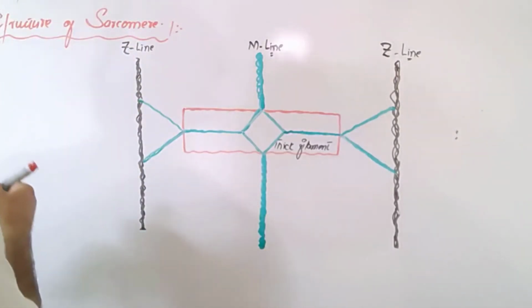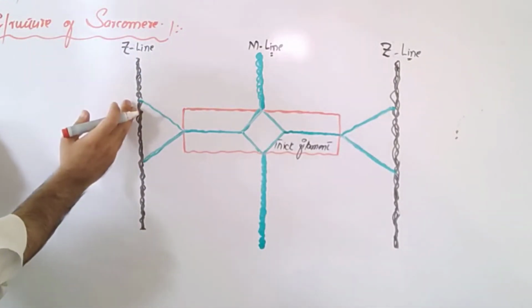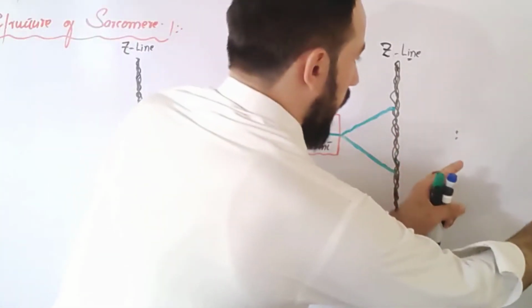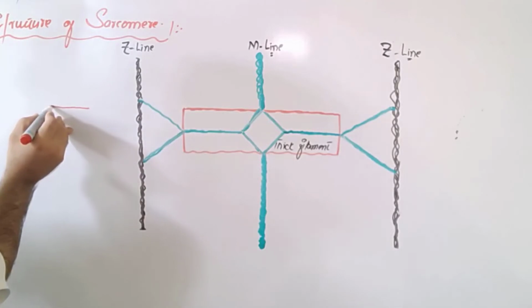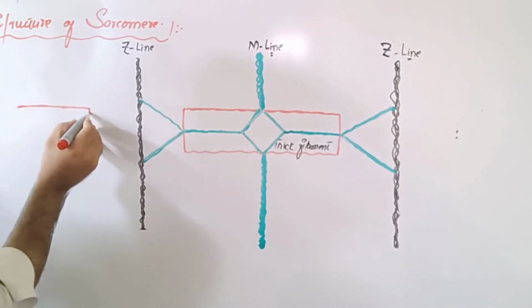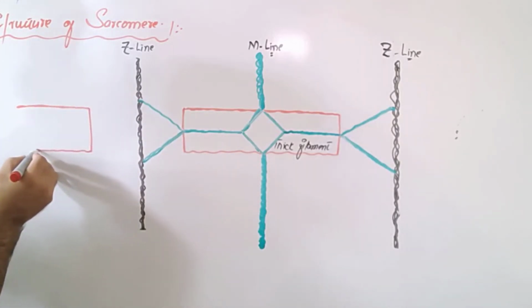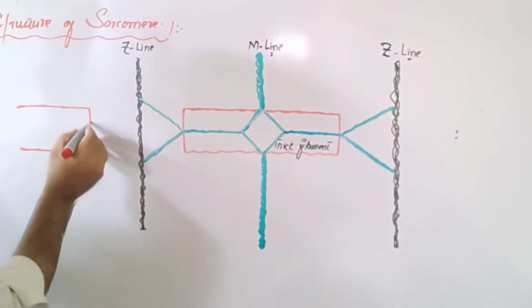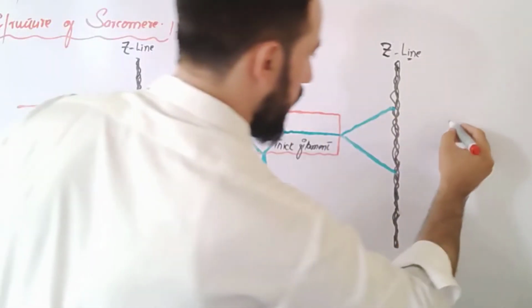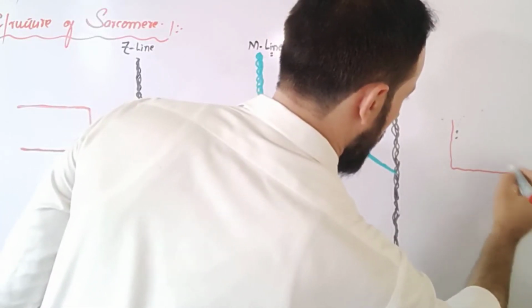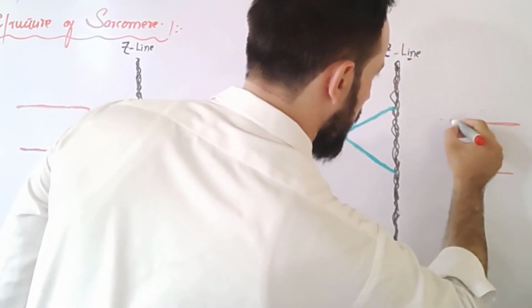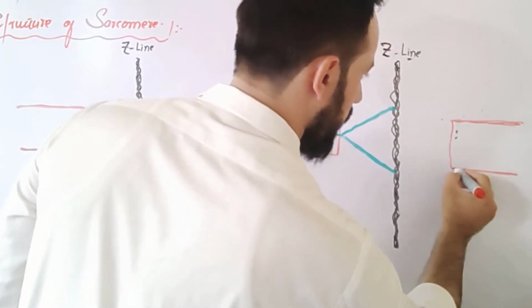Now look, we will consider here another sarcomere, and here is another sarcomere. So there will be the thick filament of that sarcomere, isn't it? Here is the thick filament of that other sarcomere, right? And here will be the thick filament of that other sarcomere which is present on the left side, right?